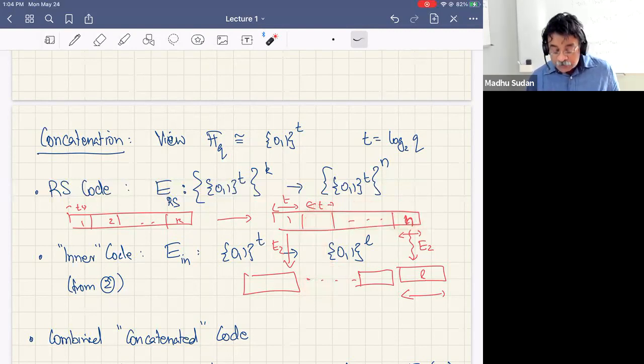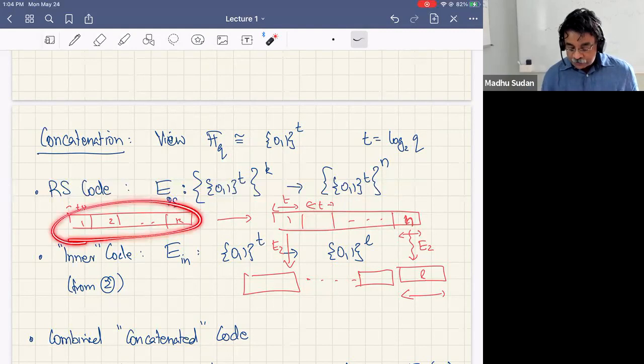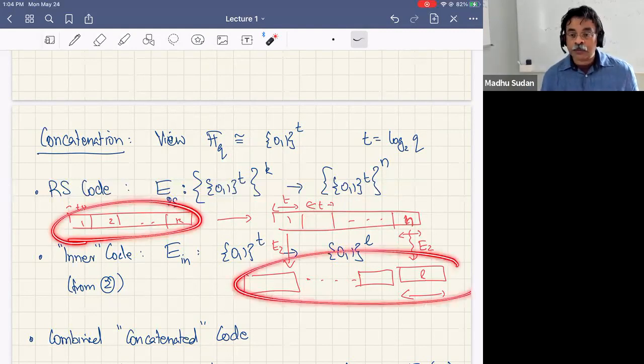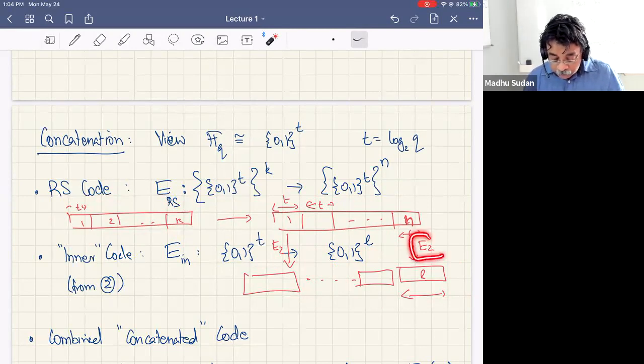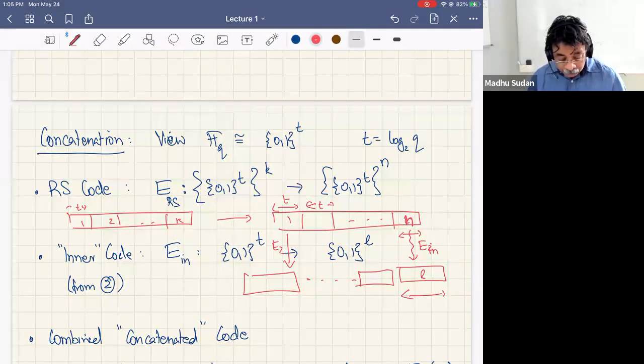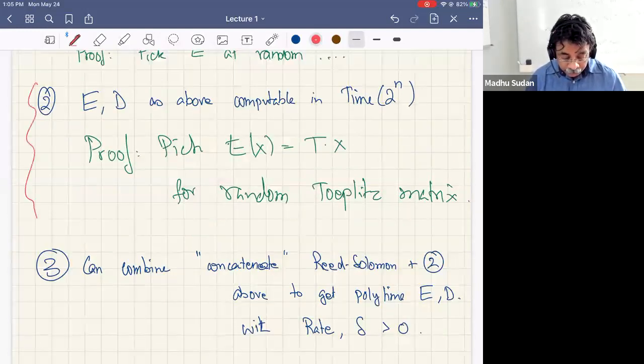So when you put the 2 of these steps together, you get that 2 distinct messages are mapped to binary sequences which differ in a constant fraction of the symbols. All I need is a good encoding function called E2, or this E inner. How do I get this E inner? Well, let's go and look at this theorem and apply it. Why is it applicable now when it was not previously?